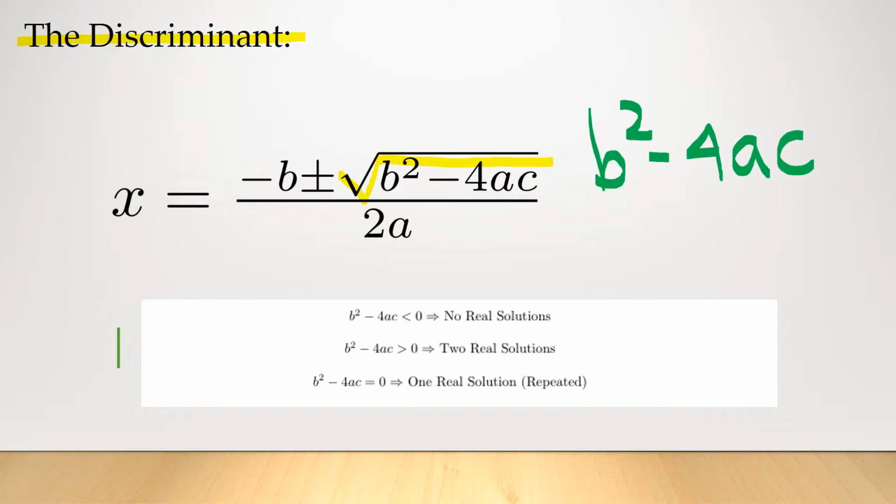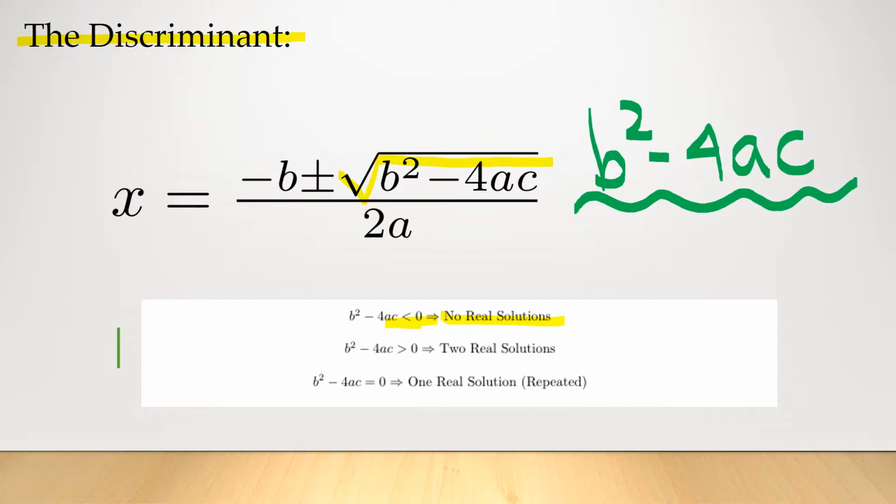You might still be confused as to why we need that, and that is because it's an easy way to see how many solutions a function can have. If you plug in your a, b, and c into b squared minus 4ac and see that it's less than 0, then you have no real solutions, meaning your solutions are probably imaginary.